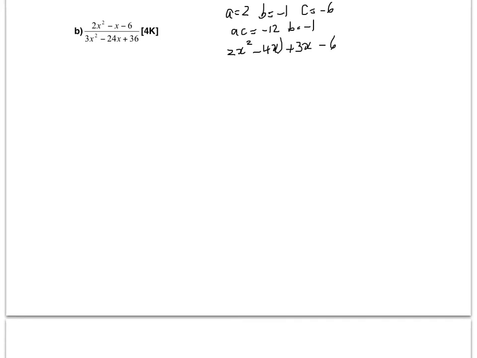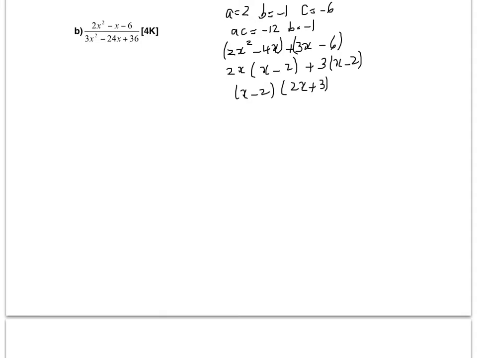Now I can group the first two terms and the last two terms together. From the first two terms I can take 2x out, so I get x minus 2. And from the last two terms, I'm going to take the 3 out. So I get x minus 2. Now x minus 2 is common between them, so I factor out x minus 2, and I get 2x plus 3.